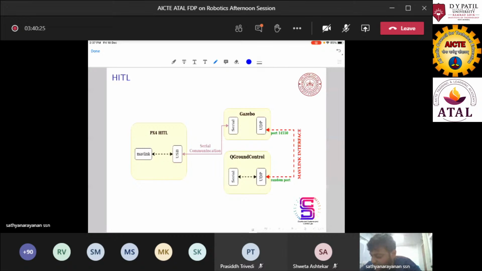For that we have something called Gazebo. It works with ROS, the Robot Operating System, and Gazebo can model any 3D robotic system, with any complex environment, indoor as well as outdoor.